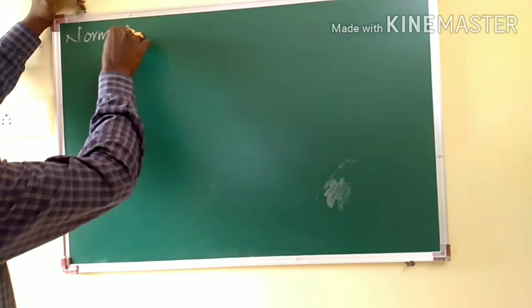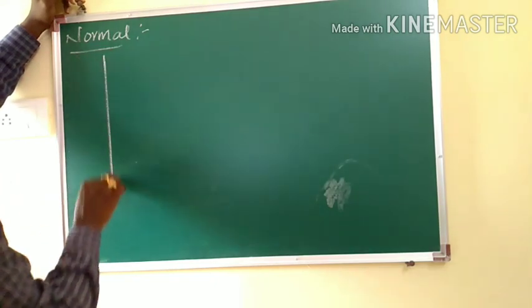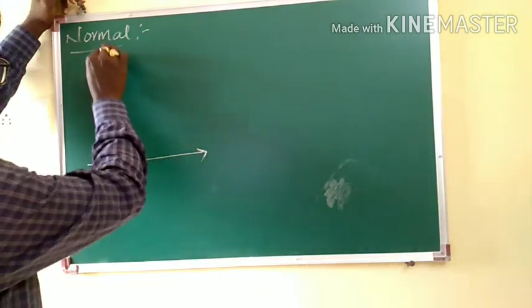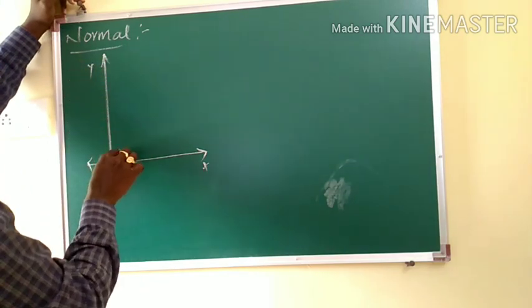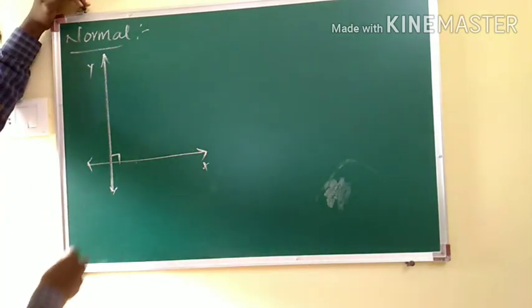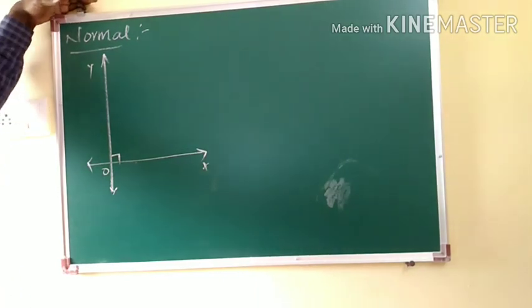Normal form of straight line. Suppose we take the coordinate axes, x and y axis, which are mutually perpendicular to each other, and the point of intersection of x axis and y axis is origin.